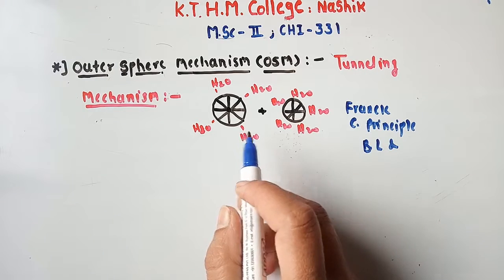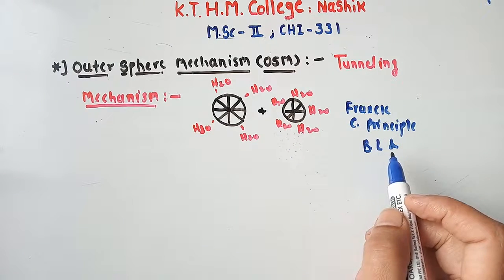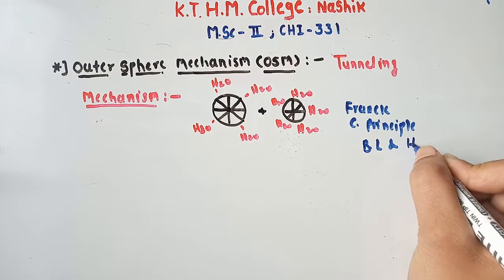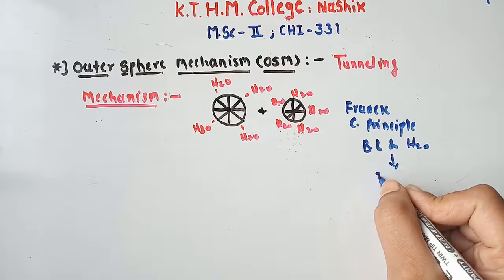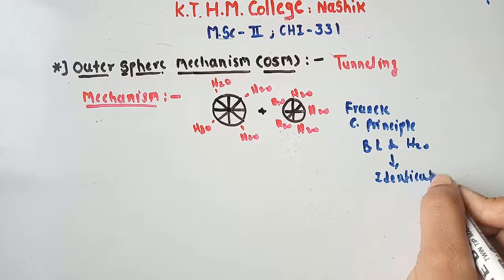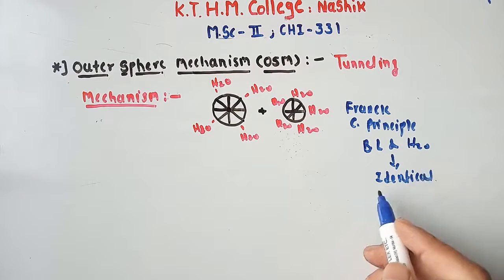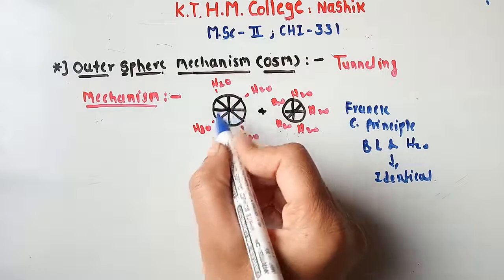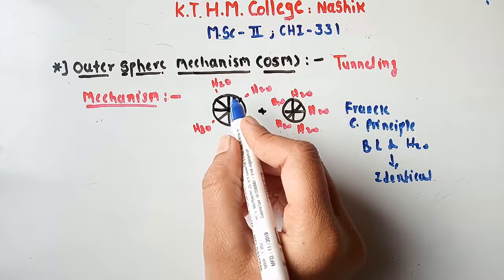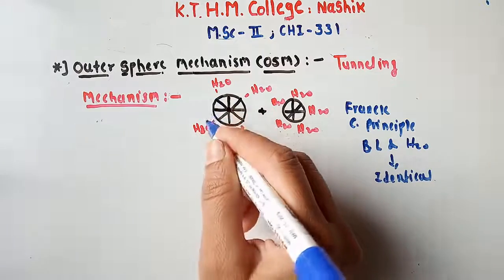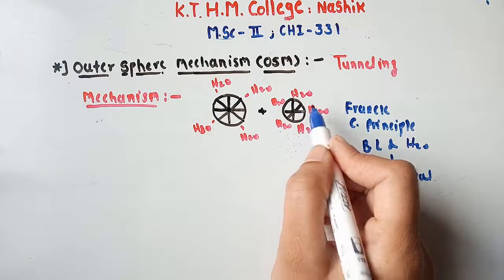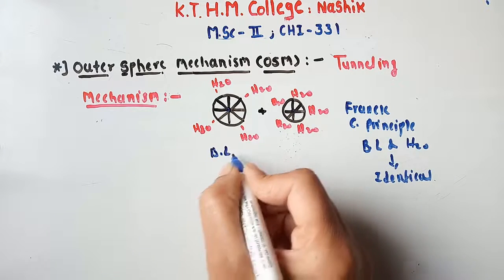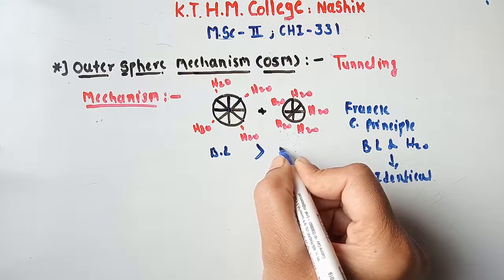For electron transfer between two species, according to Franck-Condon principle, the bond length and the number of water molecules should be identical. Now see here, as your cobalt plus 2 is covered with less number of water molecules and this cobalt 3 plus is covered with more number of water molecules, so obviously here bond length is larger than this bond length.